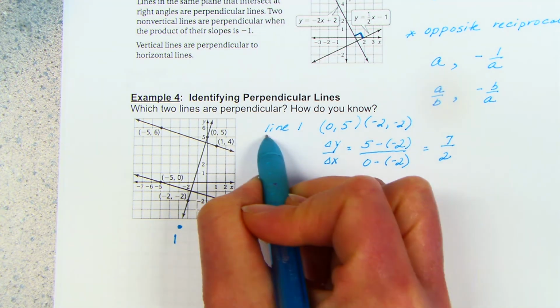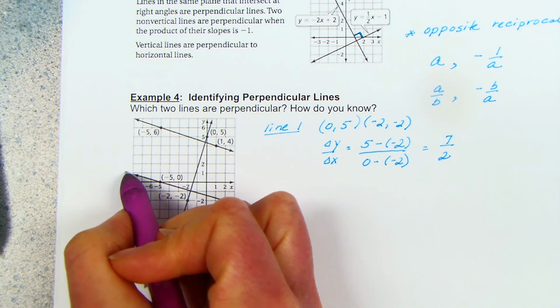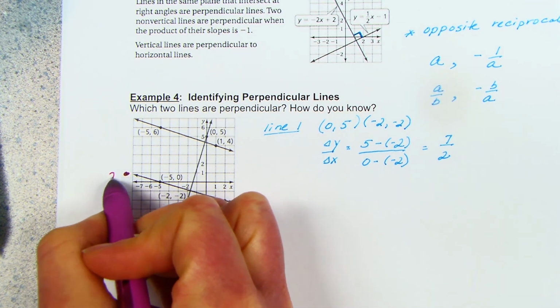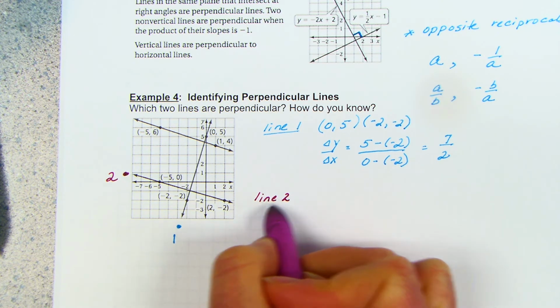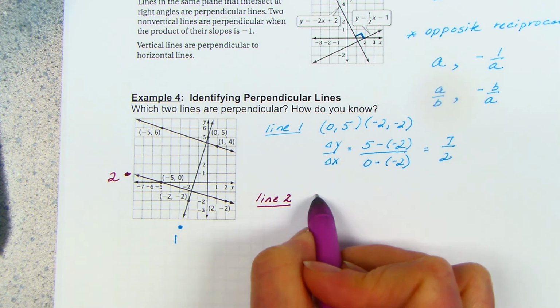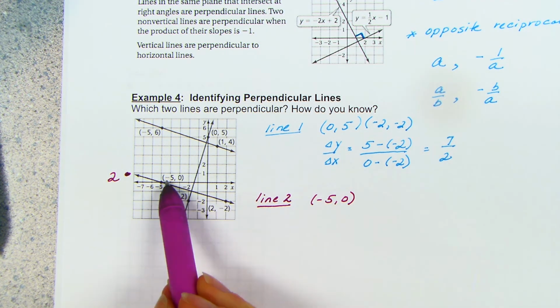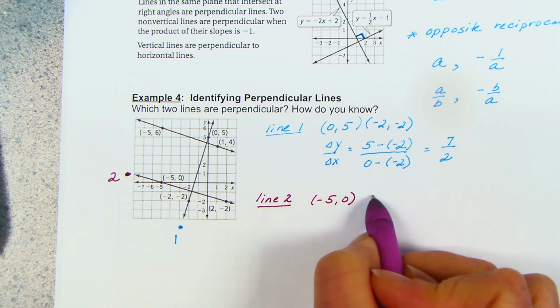Yes. All right. Let's do this guy. Line 2 is negative 5, 0. And 2, negative 2.